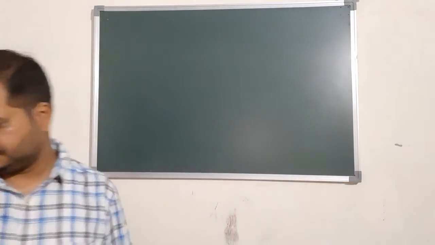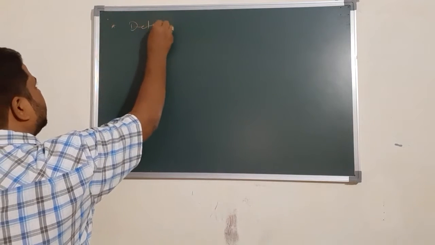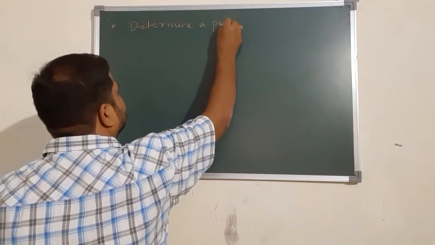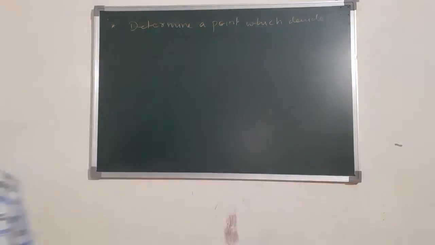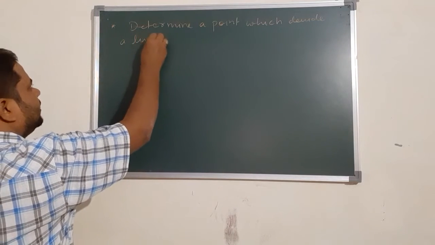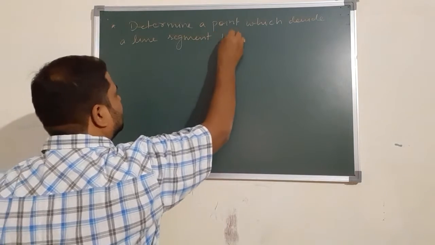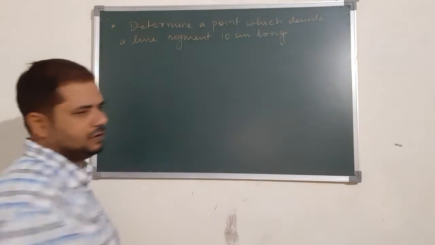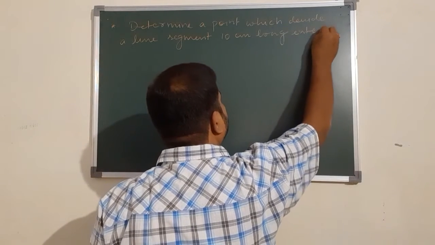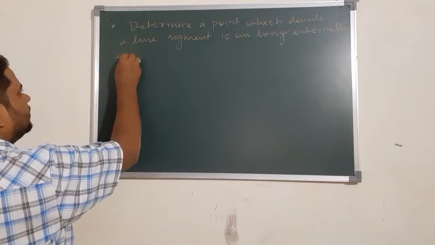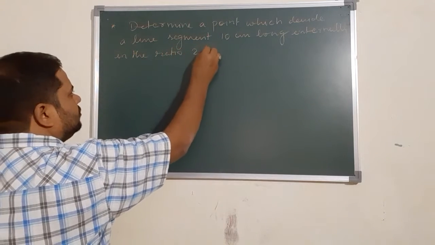So write down this example. Determine a point which divides a line segment 10 centimeter long internally in the ratio 2:3.